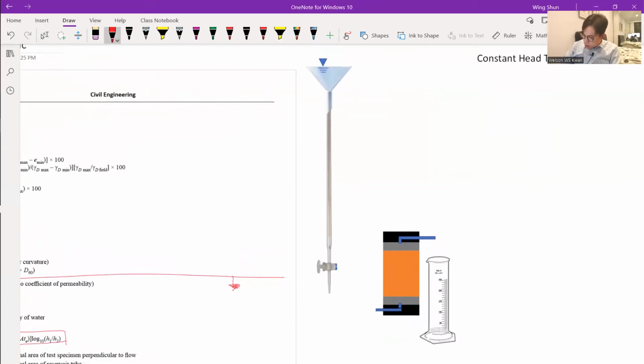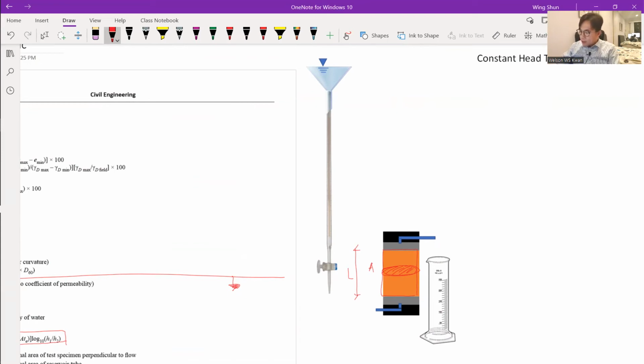This orange rectangle is the soil specimen we're testing, inside a permeameter, which allows the water to go in and out. The soil specimen has an area A and a length L. We want to find the hydraulic conductivity, the K value, which means how easy it is for water to pass through, or the hydraulic resistance of the soil.